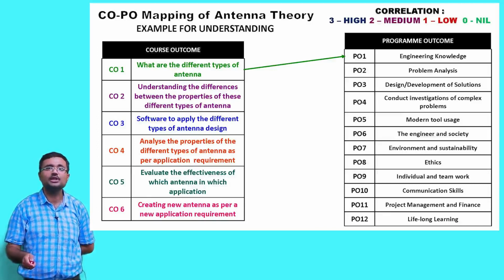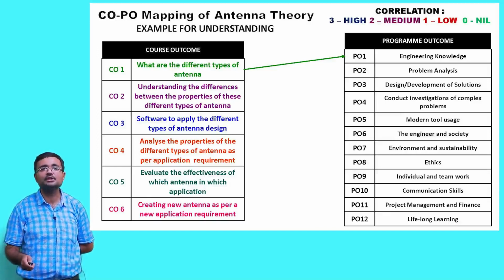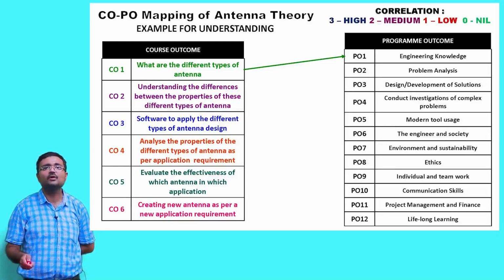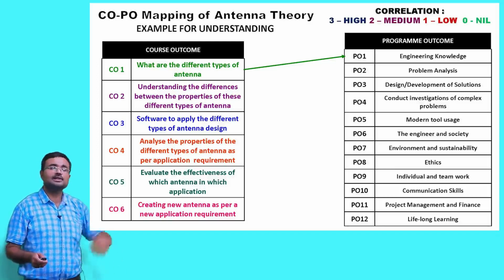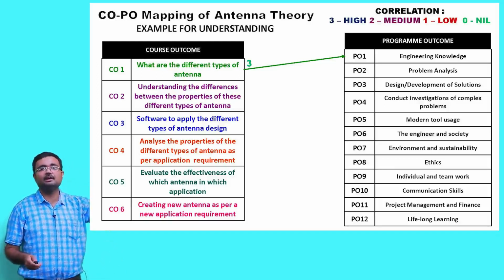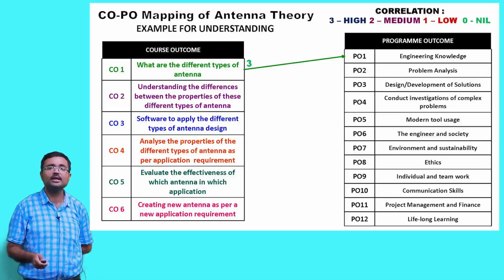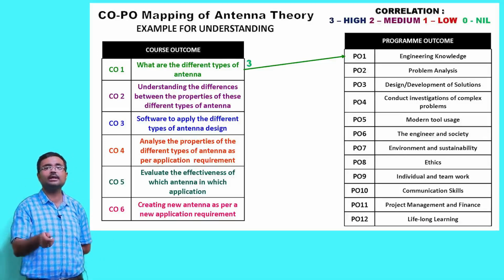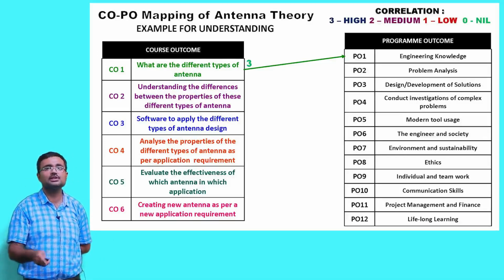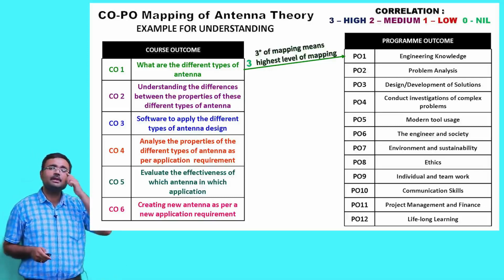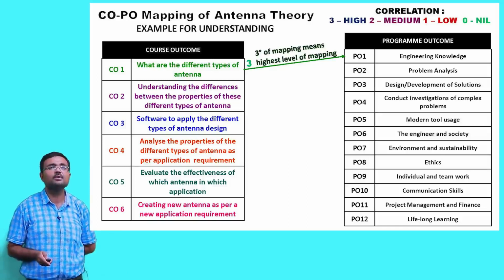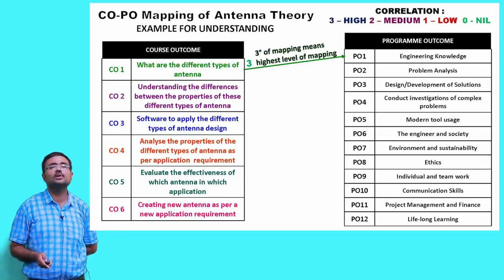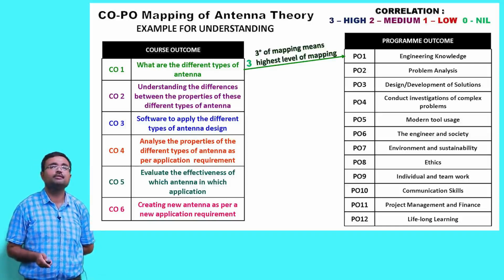That is, correlation is there, and what is the degree? 3 degree, 2 degree, or 1 degree of correlation. So CO1 with PO1 as far as I am concerned is 3 degree of correlation. CO1 is highly correlated with engineering knowledge. 3 degree of mapping means the highest level of correlation. CO1 is only mapped to PO1, with 3 degree of correlation.